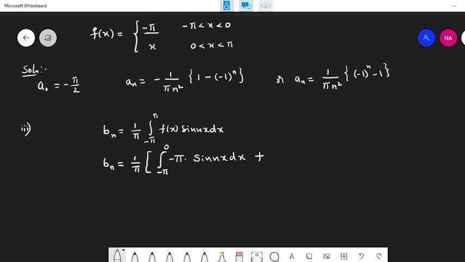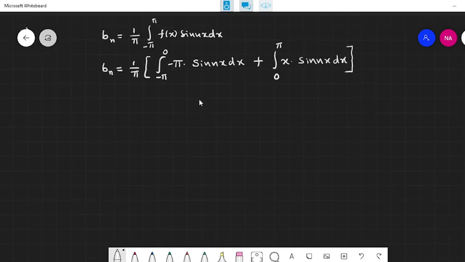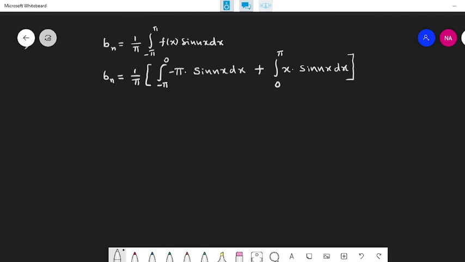So plus here integral, now we have to look into the second interval 0 to pi. When x lies between 0 and pi, the value of f of x is x. So it is x into sin nx dx. Right. So now we need to integrate these.